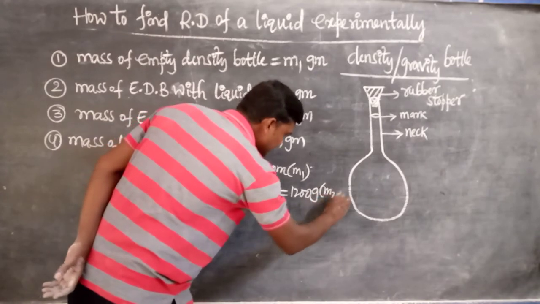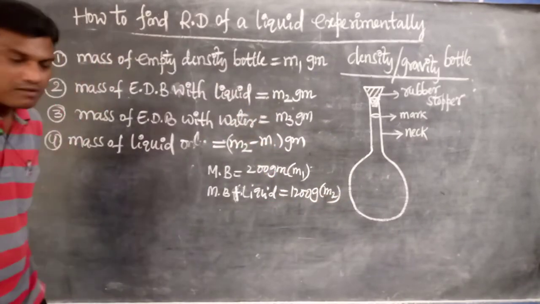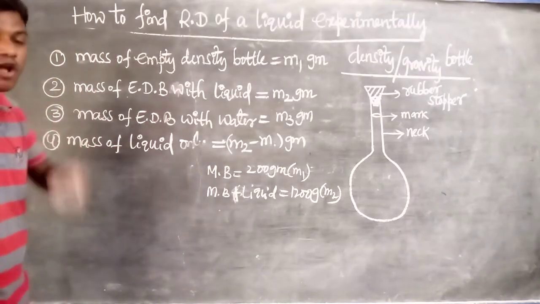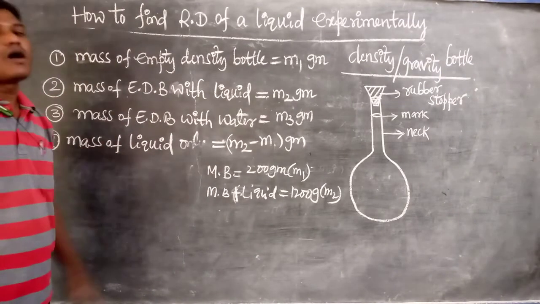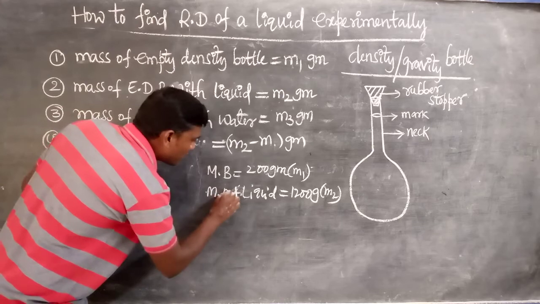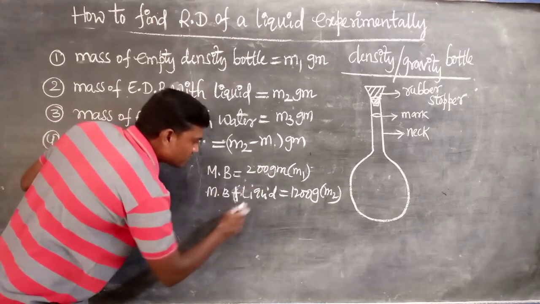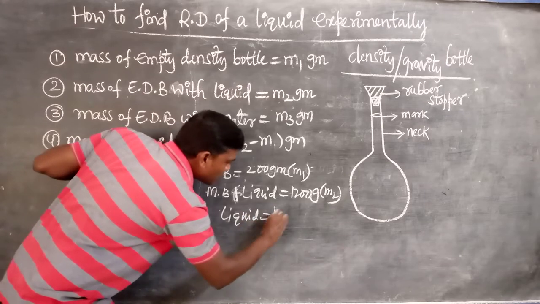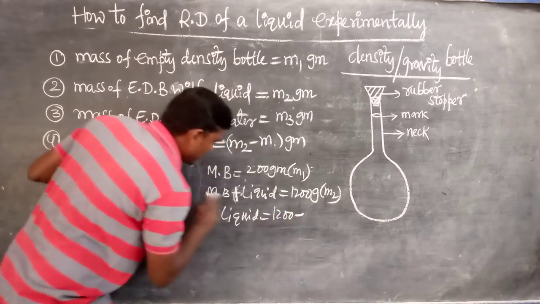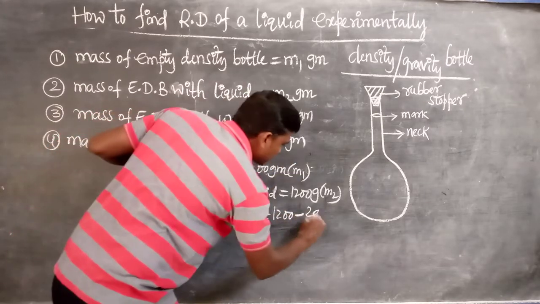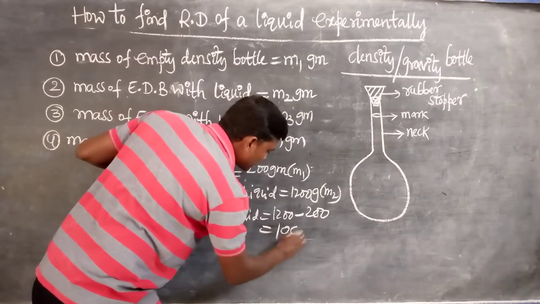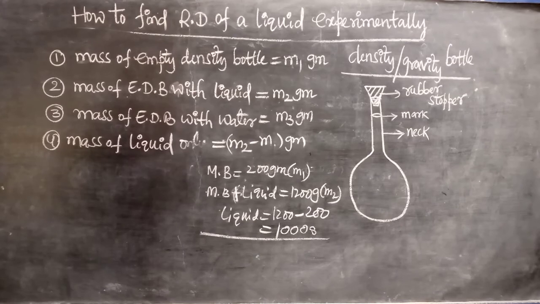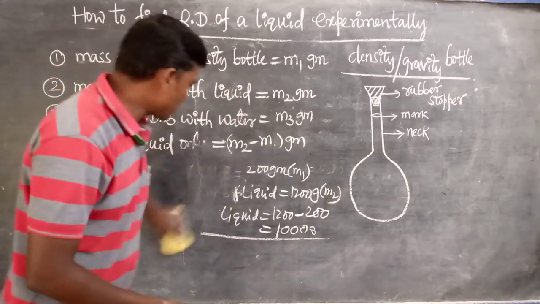This we say as m2. But we want only how much liquid is filled: 1000, because we want 1 kilogram of oil. The mass of the bottle is 200. So the liquid is equal to 1200 minus 200, that is 1000 grams, that is 1 kilo. This is how we find it here.